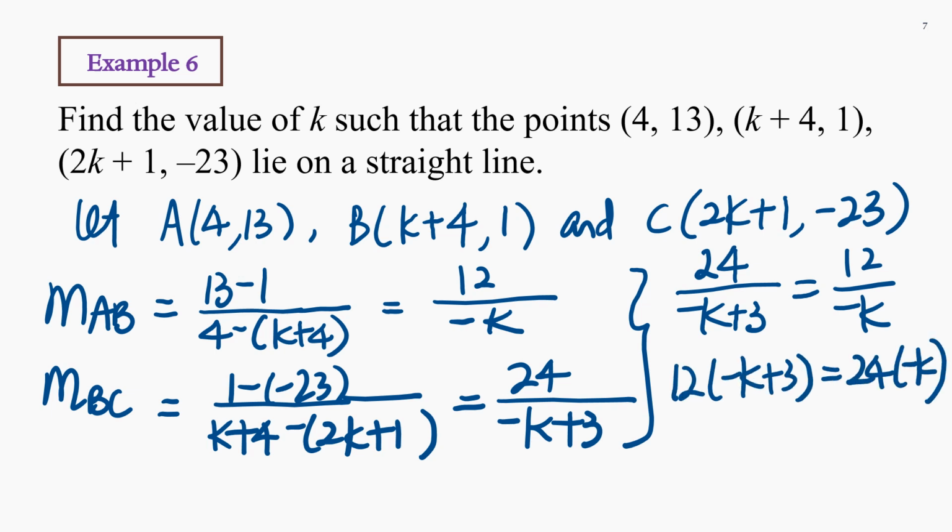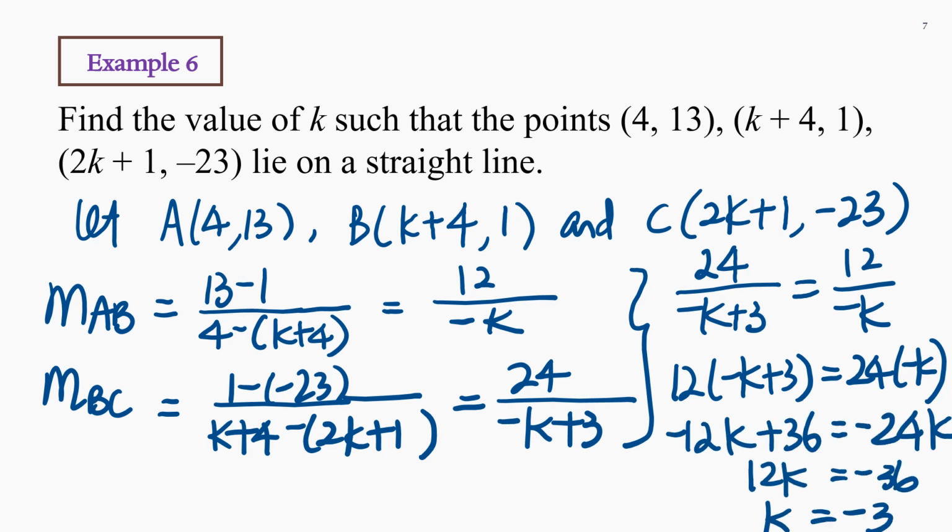And therefore, from there, we can find the value of k to be negative 3. So this is another example on how we can actually apply the concept of three points being collinear to one another.